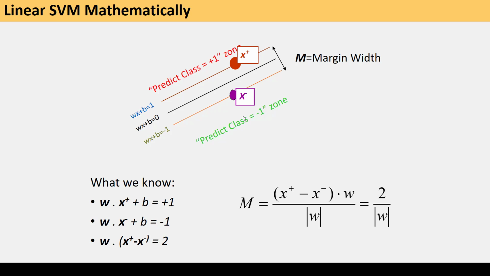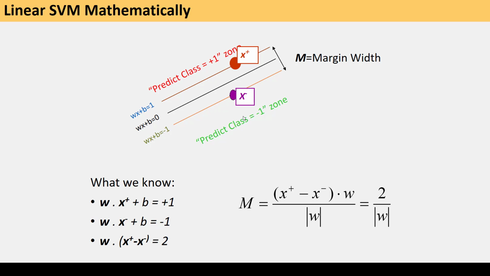You can also write it as w dot (x plus minus x minus) is equal to 2, because 1 minus of minus 1 is 2, which is nothing but the distance between the positive and the negative side, the maximum distance.